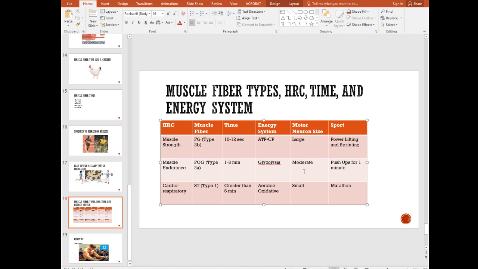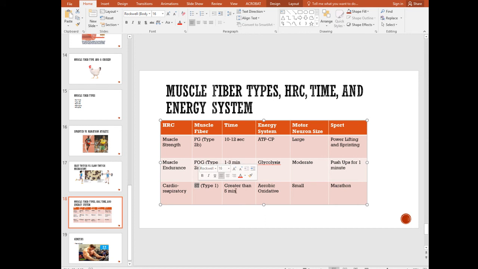It can handle a lot of electrical activity through it. Push-ups for 1 minute, push-ups for 2 minutes, wrestling, anything that requires a lot of endurance for a shorter period of time. So if you're doing a lot of cardiorespiratory training, and that's all you do, you'll probably have a higher percentage of slow twitch throughout the body.